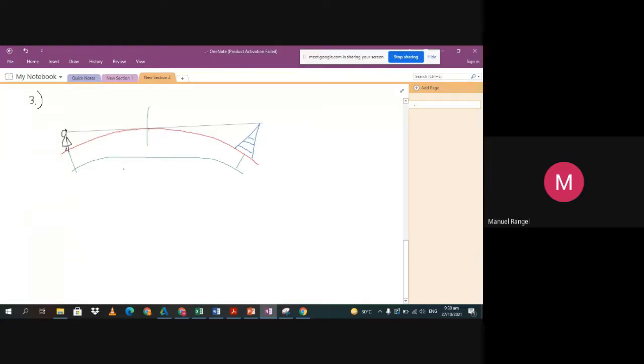So, this is 24.14 kilometers. So, if her eyes height above sea level is 1.738, this is 1.738 meters.